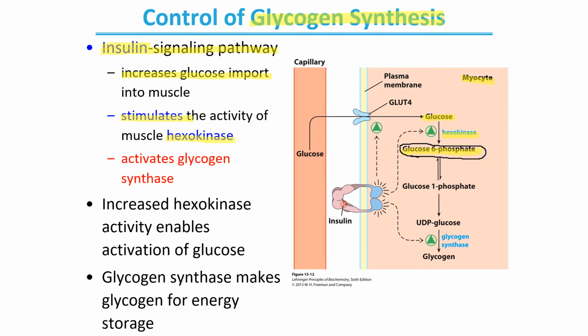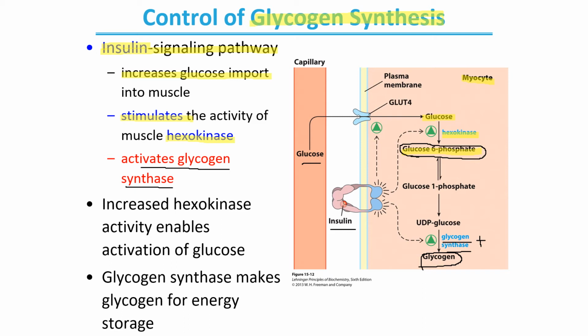So this reaction is mainly for trapping of glucose. And the third effect is the activation of the main enzyme of glycogen synthesis, which is glycogen synthase. So glucose 6 phosphate becomes glucose 1 phosphate, then UDP glucose, and later on it's going to form the glycogen molecules with the help of this enzyme. So insulin has a positive effect on this enzyme, glycogen synthase. The overall effect will be to take more and more glucose inside these cells and store these extra glucoses in the form of glycogen.